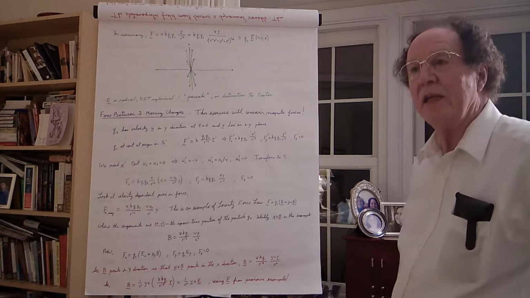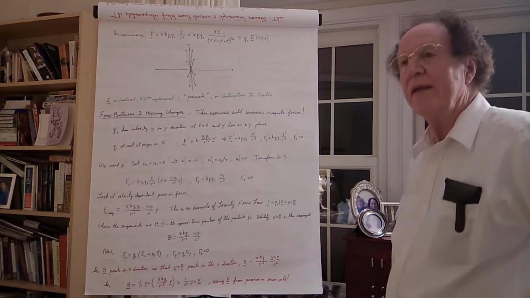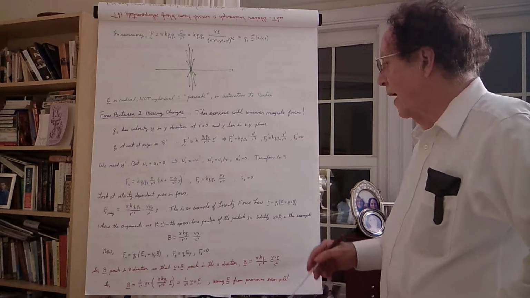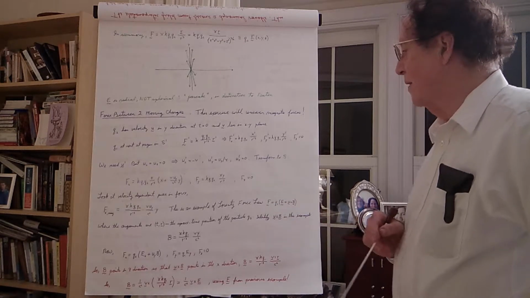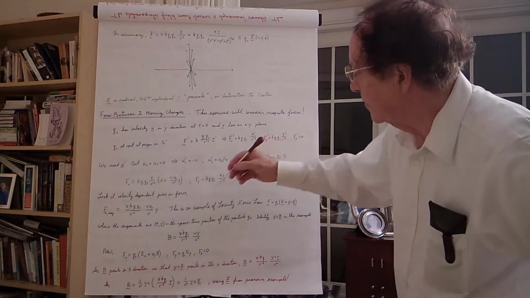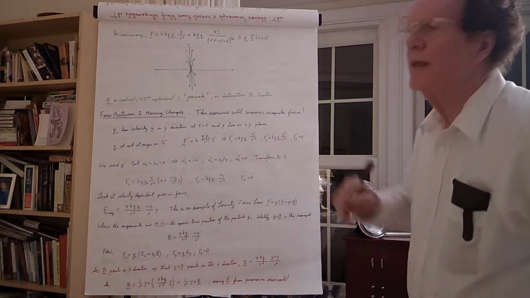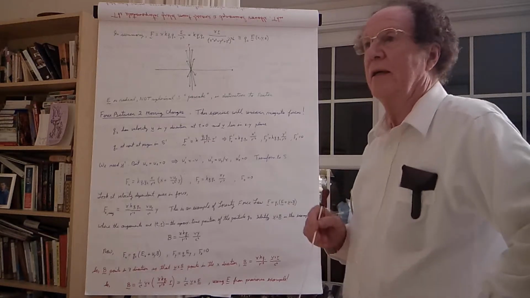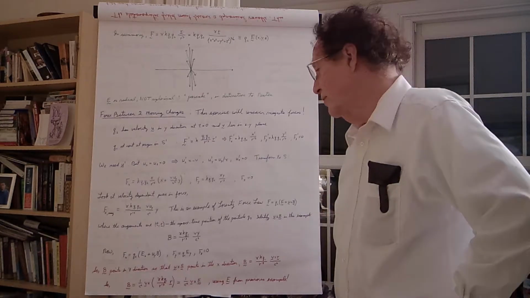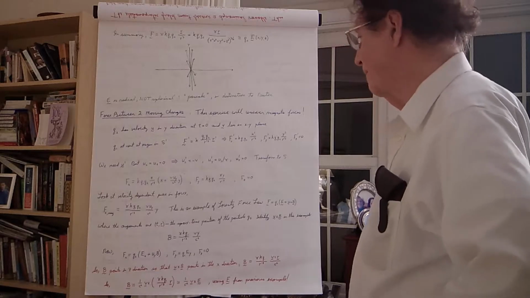That's the velocity of the charge Q1 in the lab frame. Okay, and then it has these other factors in it. The point is, it's proportional to Q1 times V. That's the current generated by the moving charge Q1. That's the important point.